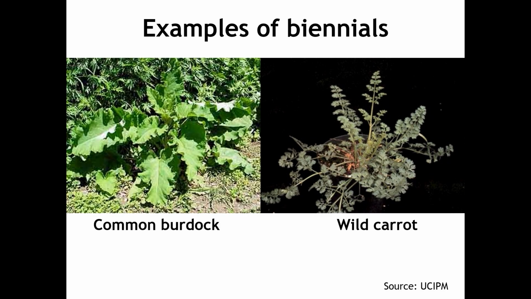The biennials complete their life cycle in 2 years. They remain as a rosette in the first year, and then they regrow and complete their life cycle in the second year. Some common examples in California of such weeds are common burdock and wild carrot.